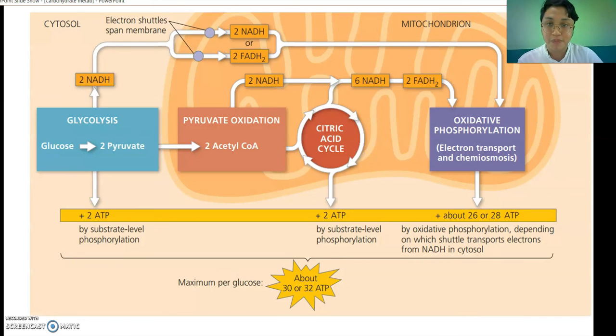Okay? Malinaw yon? So all in all, we have yielded about 26 to 28 ATP from your oxidative phosphorylation, with pabago-bago yan, depende sa pangailangan at depende rin sa organism. Kaya 30 to 32 ATP ang naproproduce per glucose molecule. Para sa isang, paano kung kumain ka ng 1 gram of glucose.